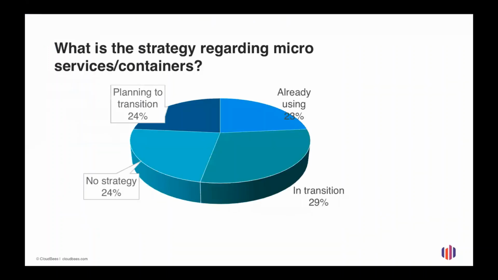So your answers about the strategy regarding microservices: already using is 23%, and we have about a quarter each for already using, in transition, planning to transition, and no strategy. As I mentioned, we have the pioneers who are already using, and the companies expecting.